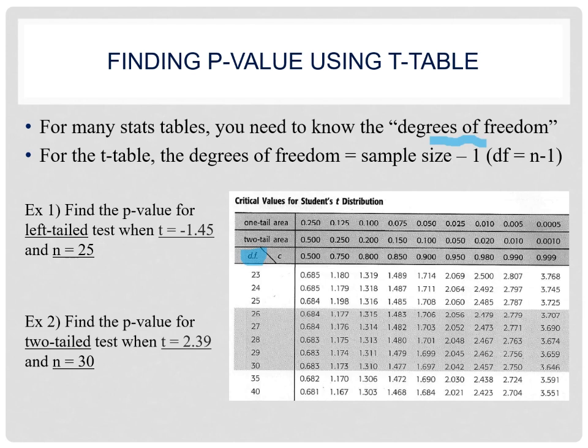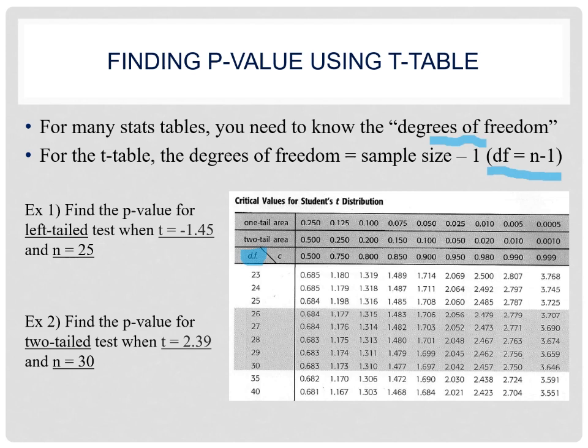The t-table uses degree of freedom. For now, for this week's lecture, the only time you need this is for the t-test, which is testing of mean. And for this particular test, it's not for all tests, but for this particular test, one sample mean test, the degree of freedom is n minus 1. So sample size minus 1.